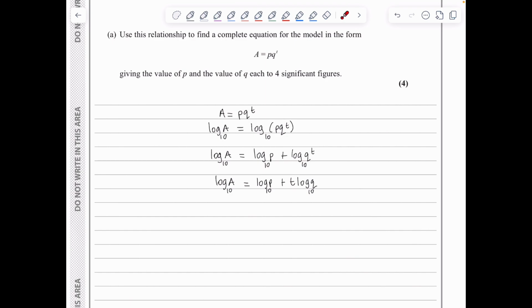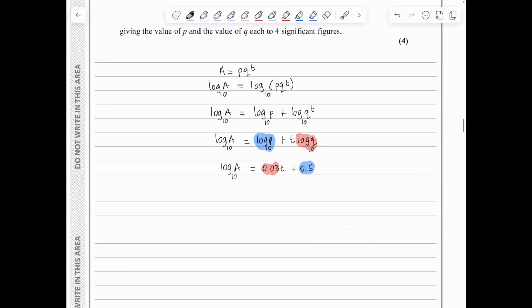Now, in addition, the question has given us that log A is 0.03 T plus 0.5, which means I can compare the coefficient of T. So the 0.03 here corresponds to log Q, and similarly the constant term of 0.5 corresponds to log of P base 10.